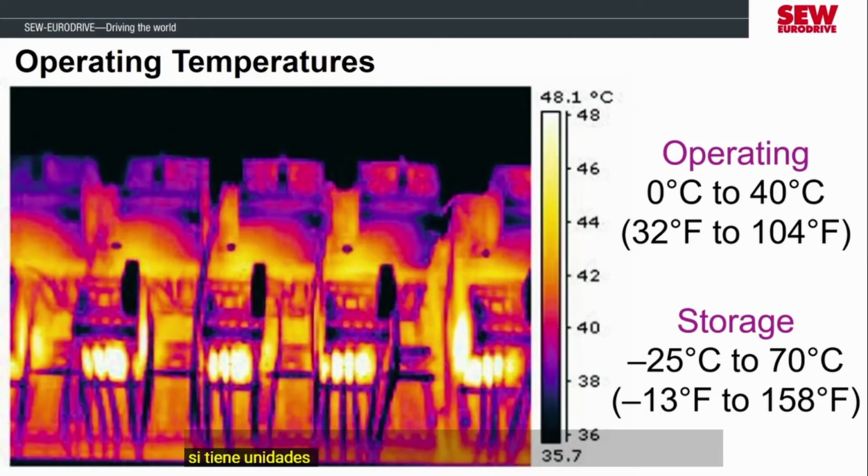If you have any Movidrives that have been stored for over 2 years, it can be salvageable, but you have to bring up the voltage slowly with a variable power supply over a 1-hour procedure that's shown in our manual. If voltage isn't brought up slowly, the inrush of peak voltage could cause capacitor failure.